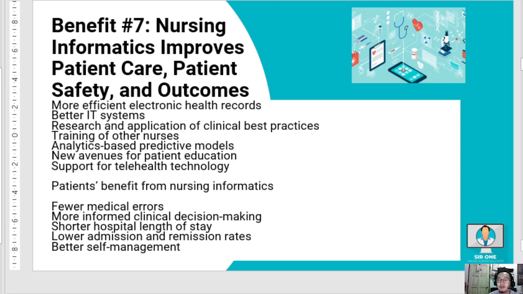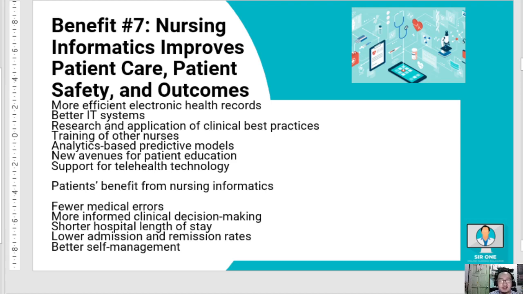More informed clinical decision making. Shorter hospital length of stay, or the effort of seeing your doctor physically is also reduced because of the presence of telehealth. Lower admission and readmission rates because of better care plans, better management of doctors at that certain level.